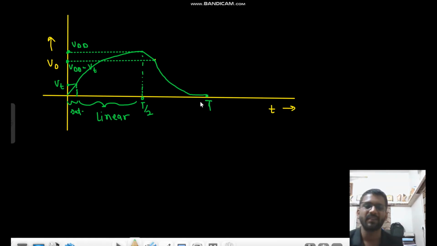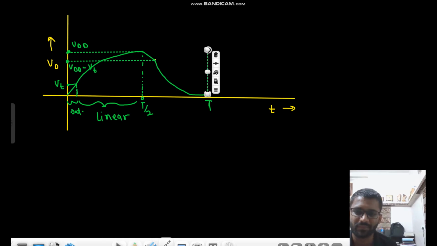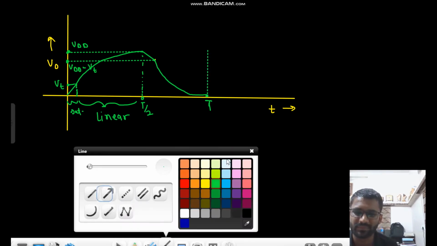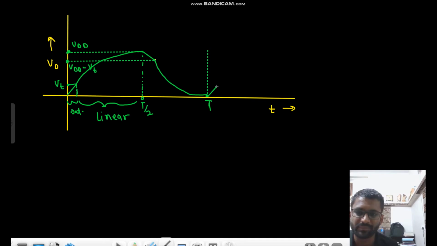This is time t. Then again the same cycle repeats. It again charges, then it is in saturation, and then it comes to the linear region. So this same cycle goes on.